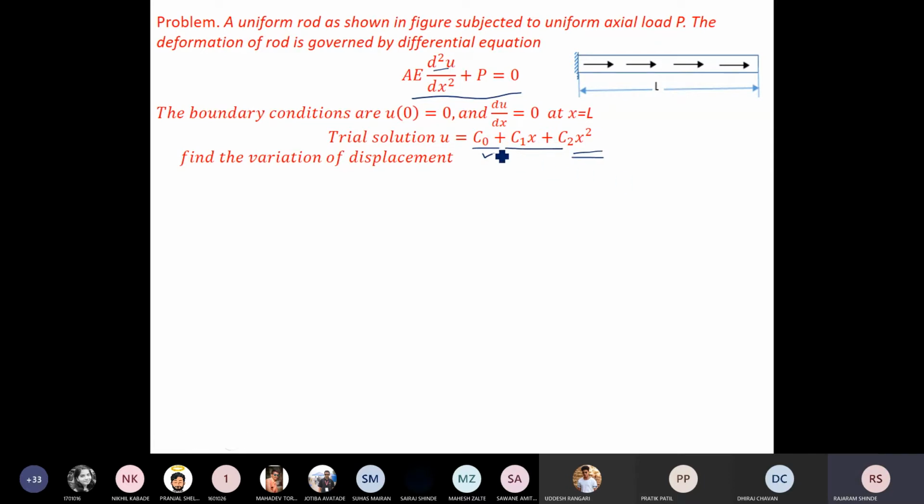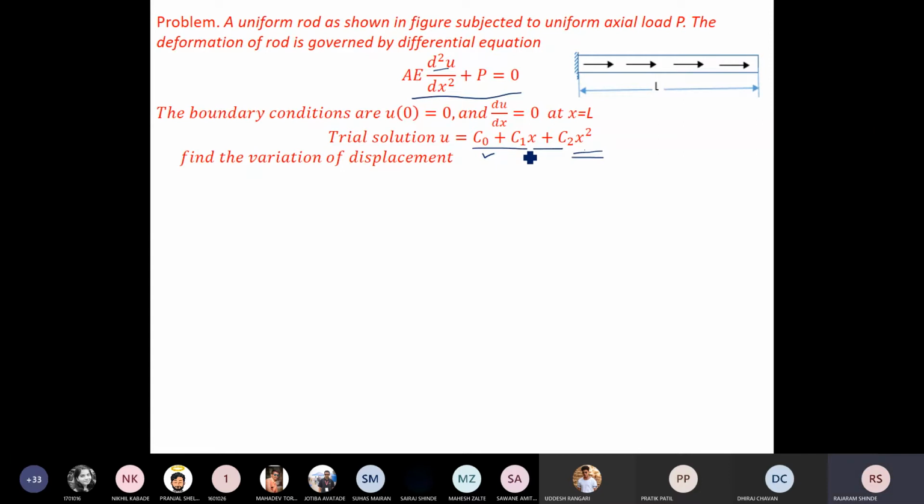Okay, that means here C0 is the constant term, C1x and C2x square. Here it is given, but if it is not given, you have to remember this. You have to assume the polynomial in such a way that its order is equal to the order of the differential equation.